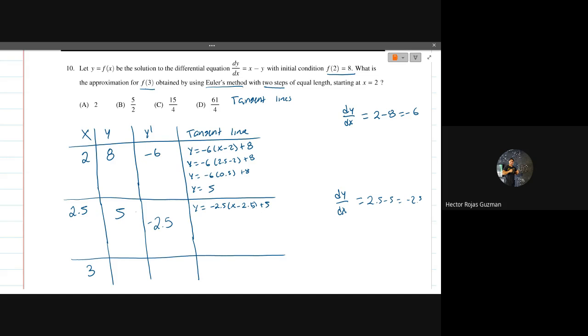And now we use the next x value, which is 3. So y equals, since all the answers are in fractions, I'm going to take my tangent line and start changing my decimals back into fractions. So negative 2.5 is negative 5 over 2. Plug in your 3.